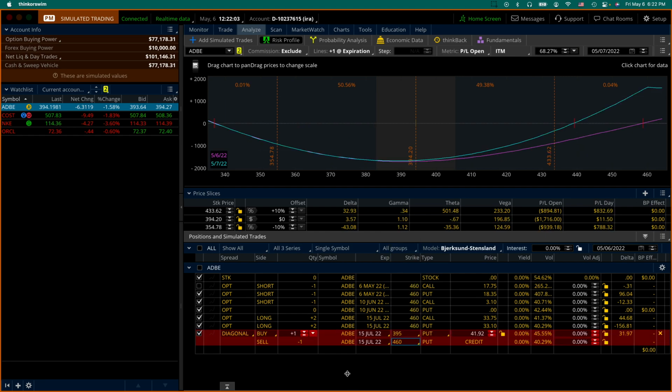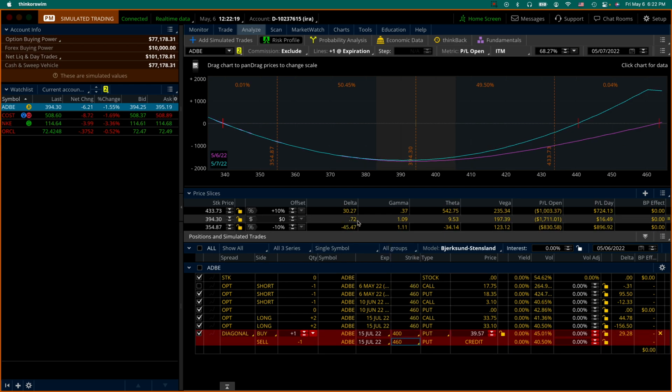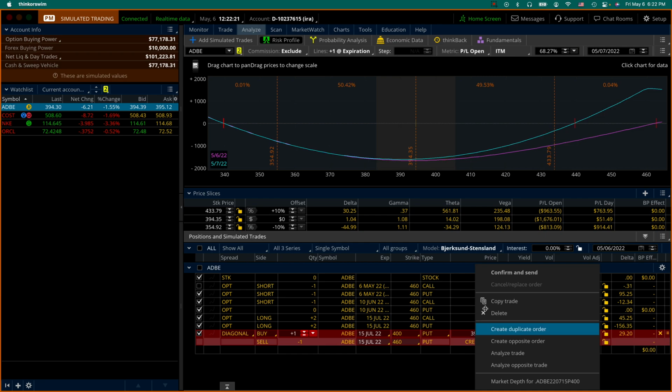Right there. And that turns it very slightly delta positive. If you make it like 400, you get less money, but your deltas will be more neutral. Okay, let's do that.